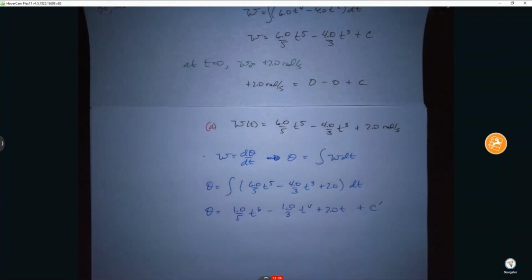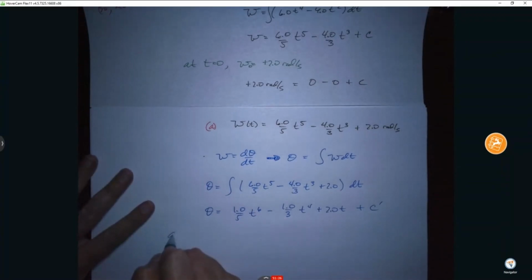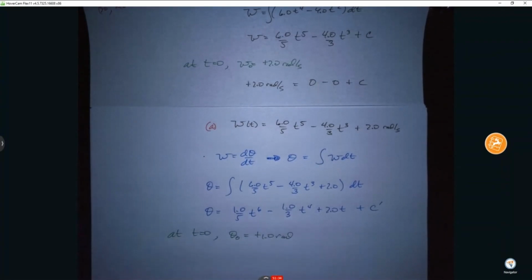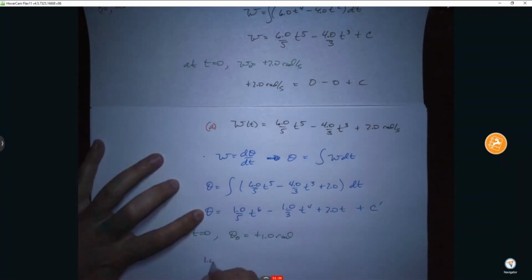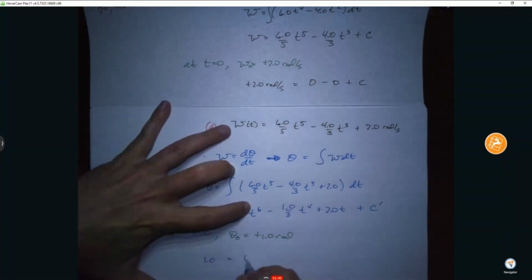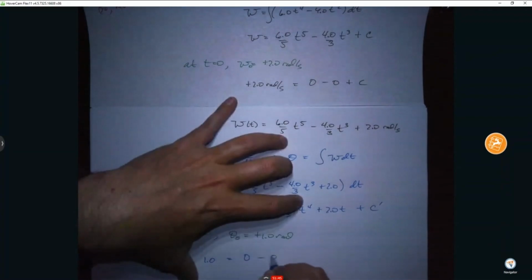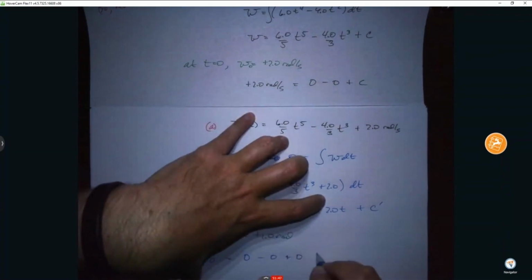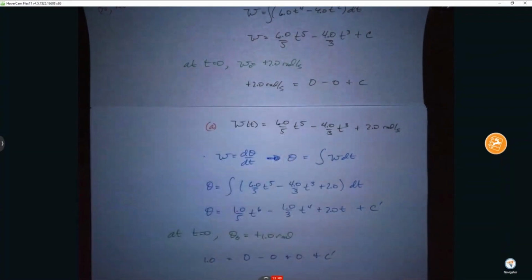And so then we can set our condition. At t equals 0, the initial angle is 1 radian. When I put that in here, I get 1 radian equals, when t is 0, this is 0, that's 0, that's 0, and so my integration constant is just that 1.